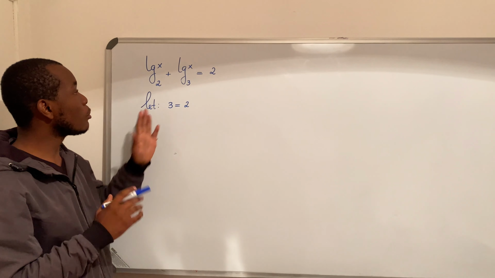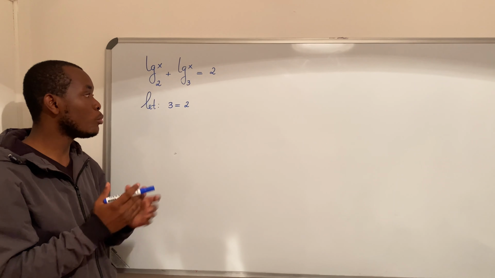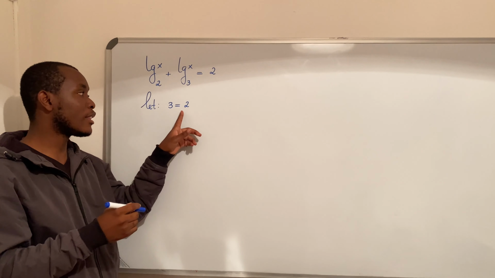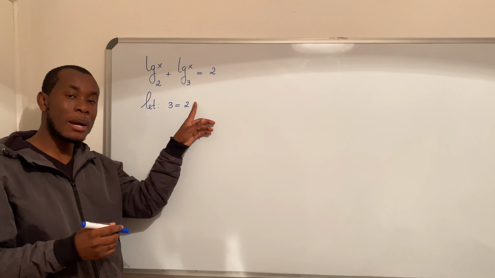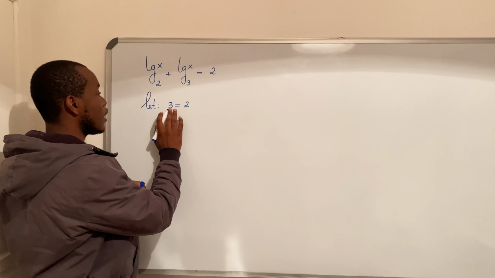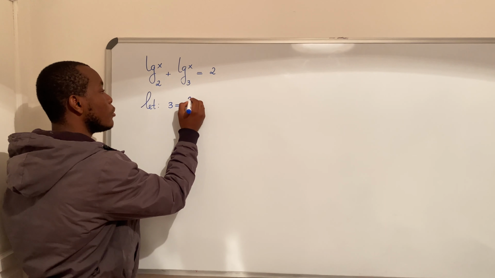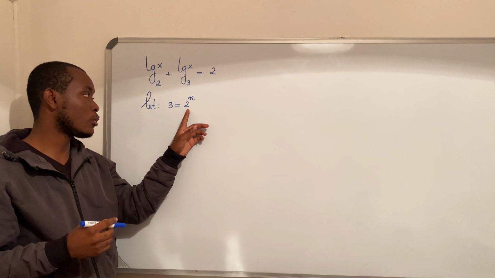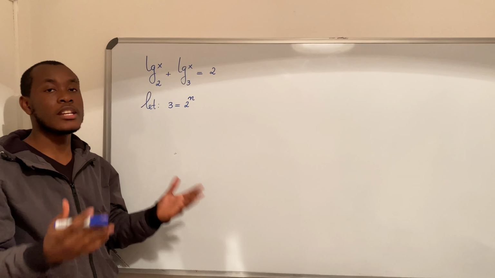Since we are dealing with logs and we want this 3 to be a number in base 2, it can't be a denominator or a multiplier, it has to be an exponent. So I'm going to say 3 is equal to 2 to the power n. It is not wrong to say that, because n is a number that we don't know.